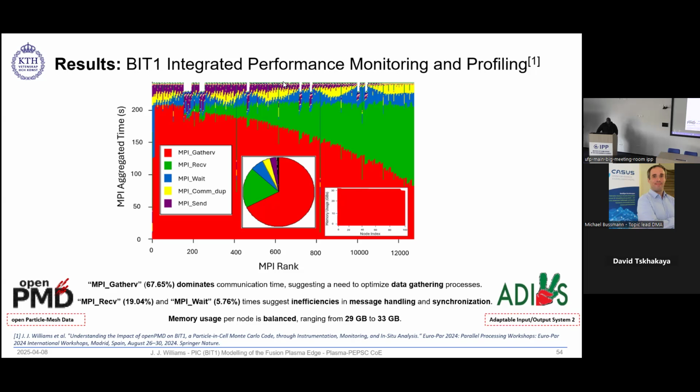Thank you for the very informative talk. I just wanted to go back to the part where you said that BIT1 was heavily memory bound. I never expected a particle-in-cell code to be memory bound. I mean, from what I understand, particle-in-cell should be very arithmetically intensive.